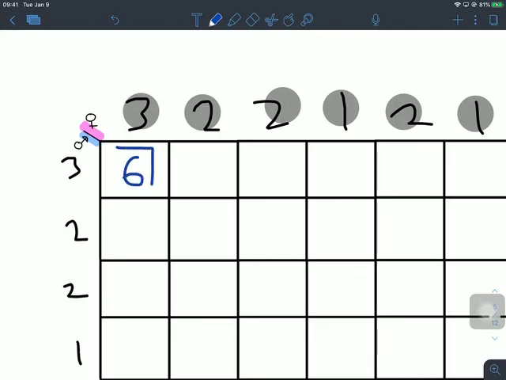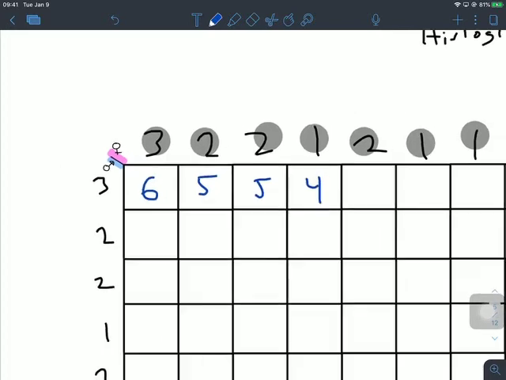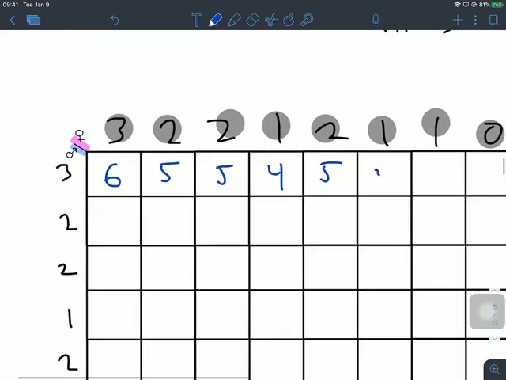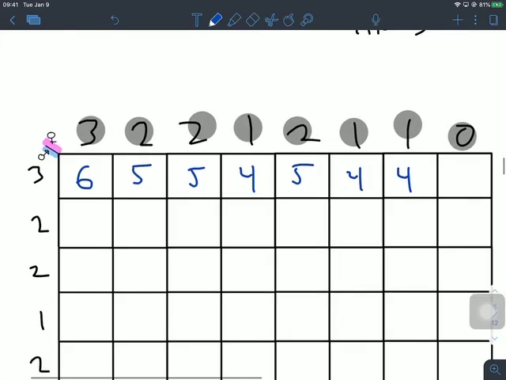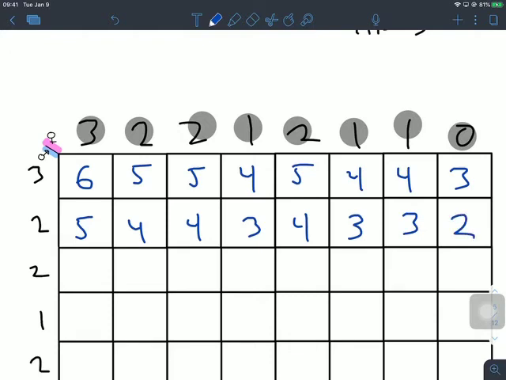This is our tallest possible individual, right? 3 plus 2 is 5. 3 plus 2 is 5. 3 plus 1 is 4. 5, 4, 4, 3, 5, 4, 4, 3, 4, 3, 3, 2. 5, 4, 4, 3, 4, 3, 3, 2.